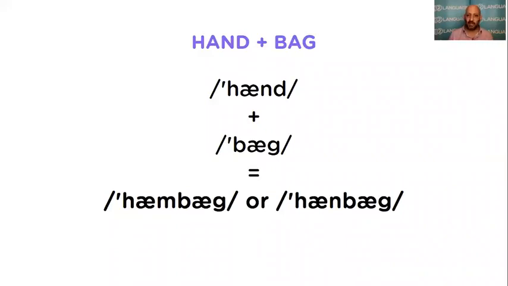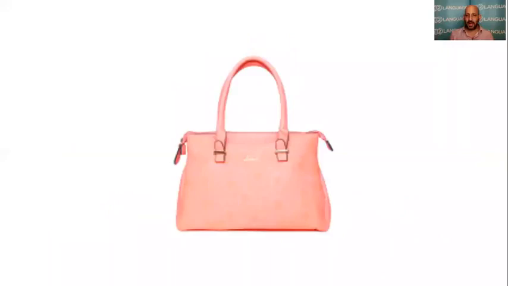It's "hambag" or "hanbag." Sorry for anyone from North America or who learns North American English, you might say purse. A purse in Australia, in Britain, is a wallet for a woman, okay? But for the argument's sake, and because I'm teaching, this is a handbag.